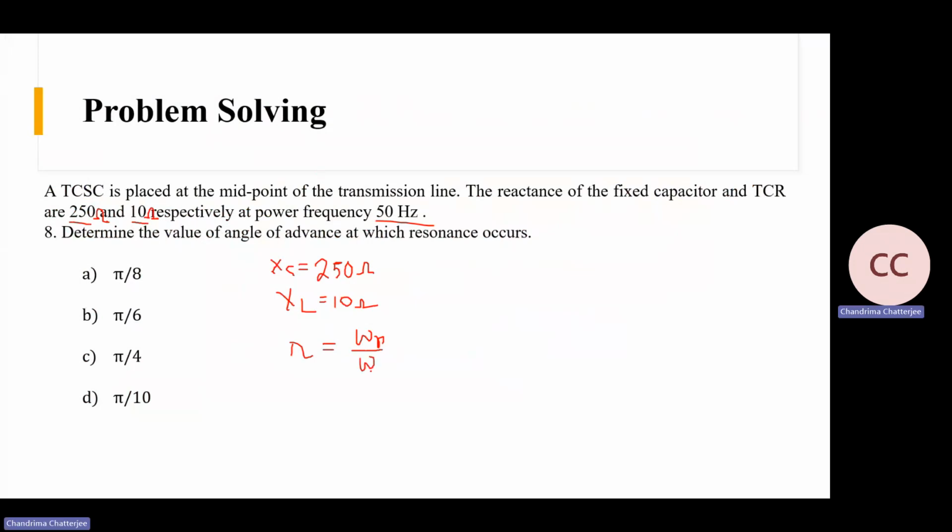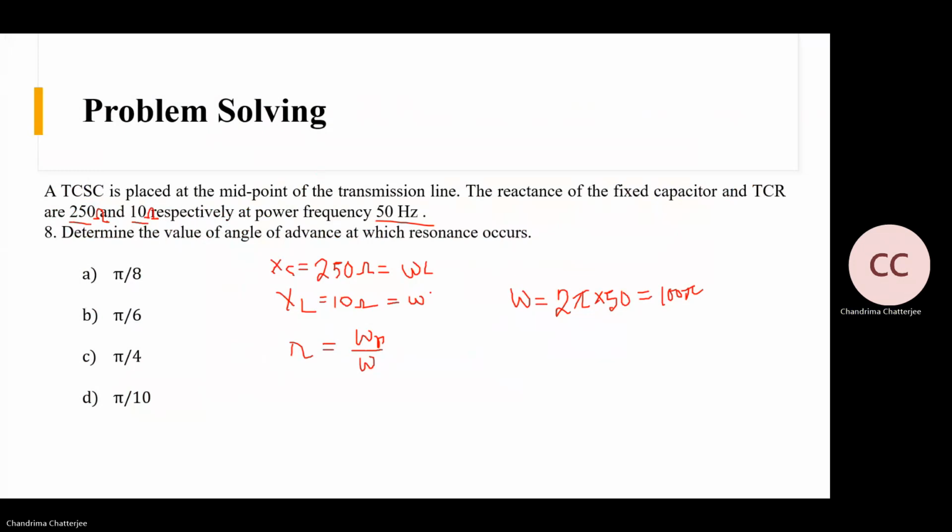Now omega we already know, omega is equal to 100 pi because the power frequency is 50 Hertz. So power angular frequency will be 2 pi times 50, that is 100 pi. This is omega n.